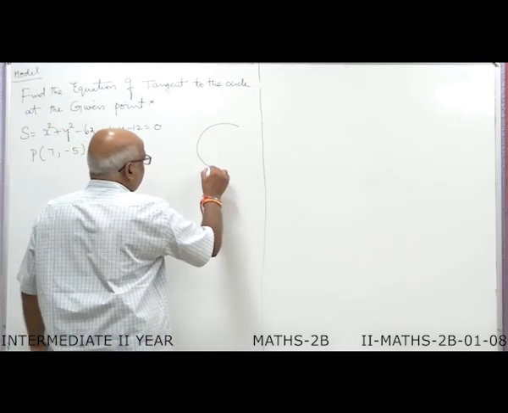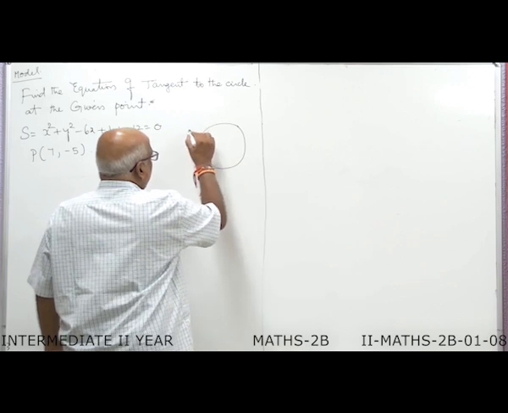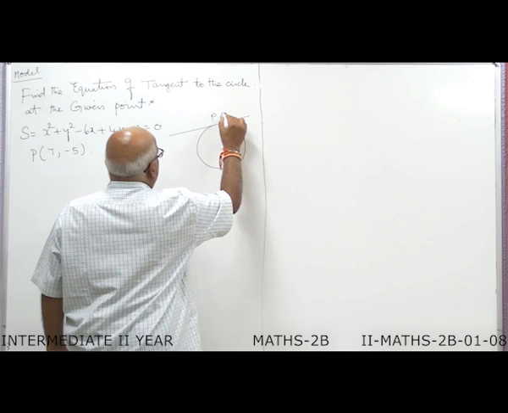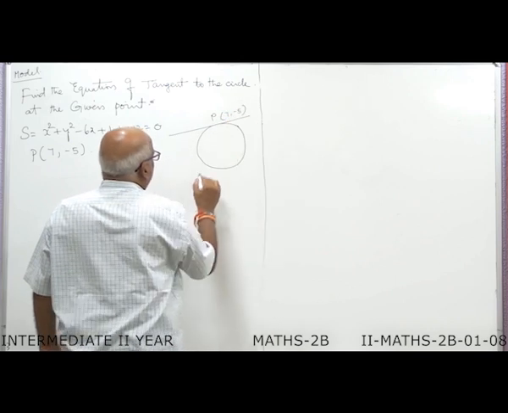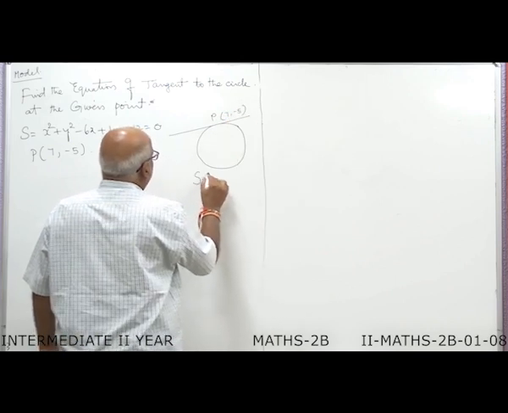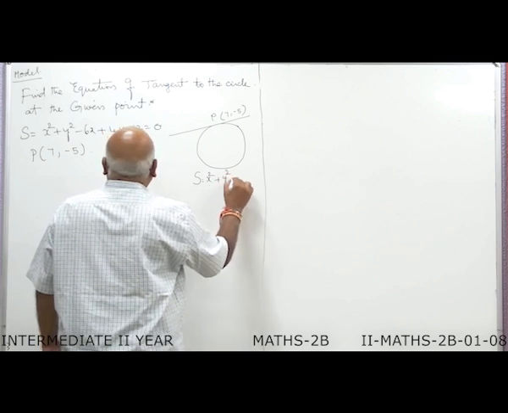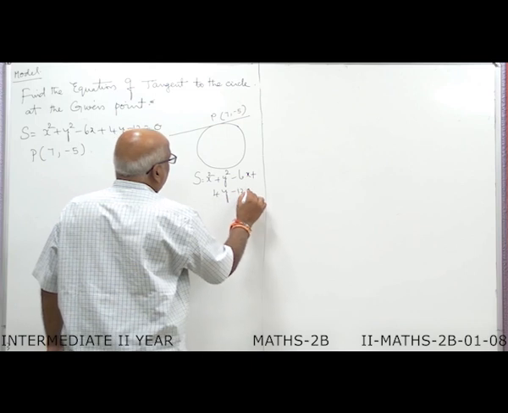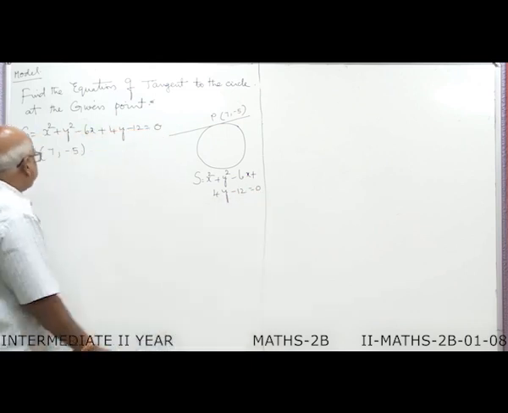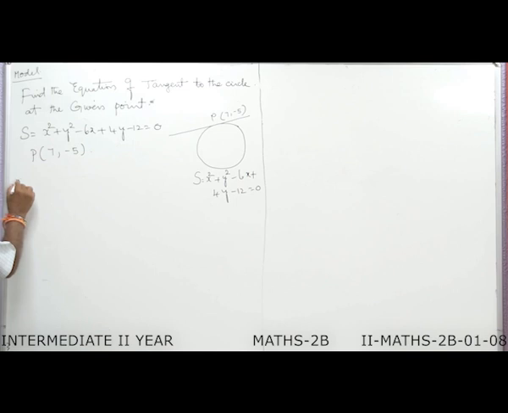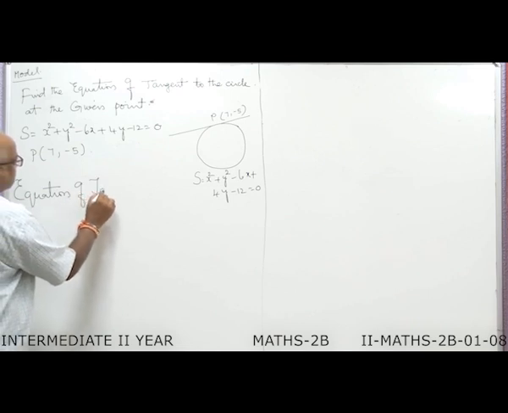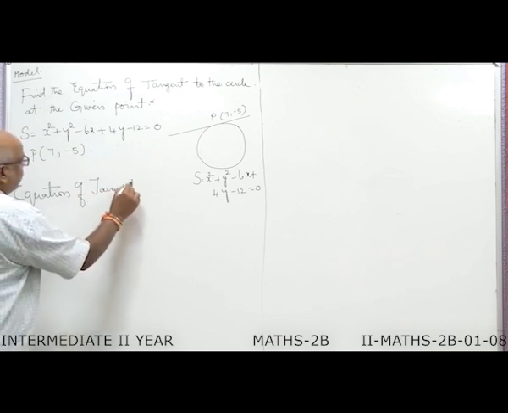If this is the circle and point is 7, minus 5, circle equation x square plus y square minus 6x plus 4y minus 12 equal to 0. Equation of tangent.